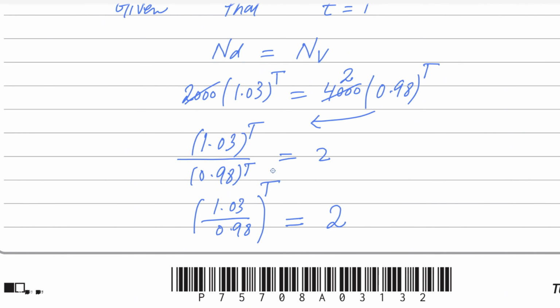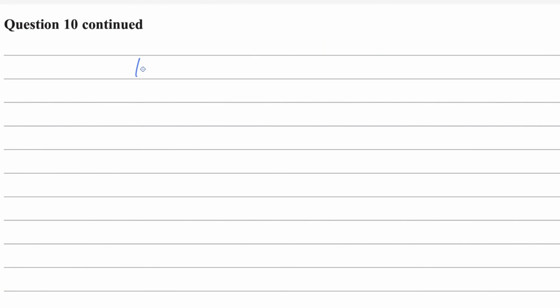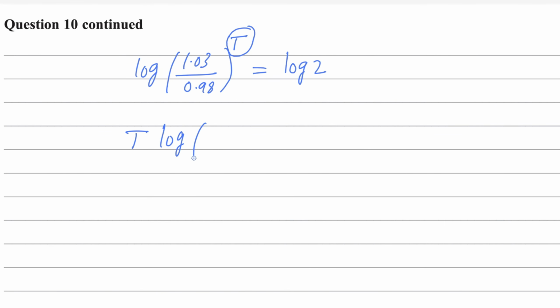If you want to get the value of T, you have to apply log of both sides. It will be log of 1.03 over 0.98 power T equals log 2. According to the law of logarithms, we will bring this power here, and it becomes a multiple. So it will be T log of 1.03 divided by 0.98 equals log 2.